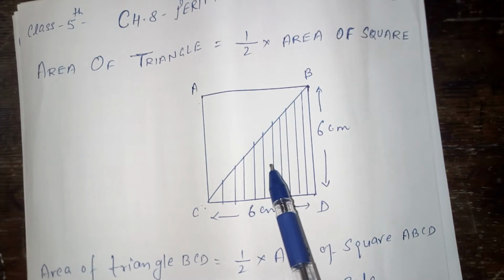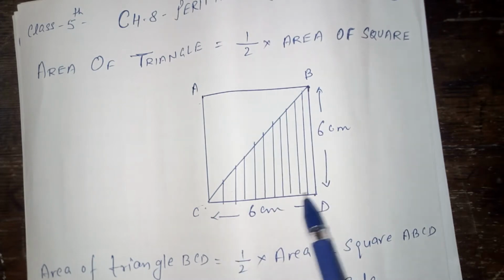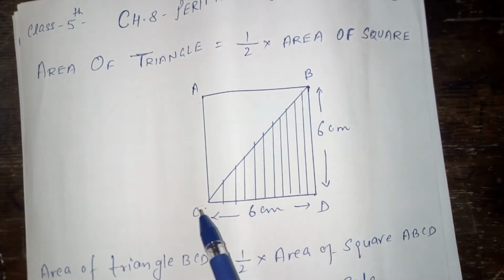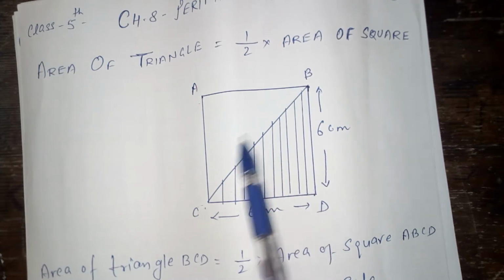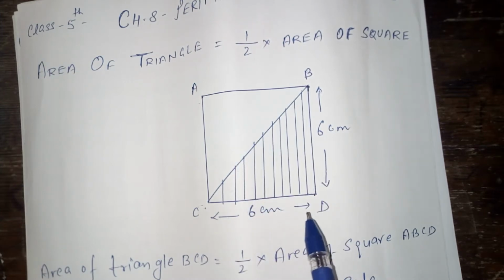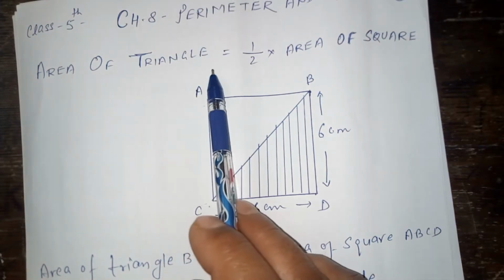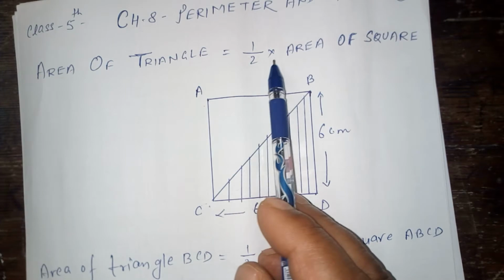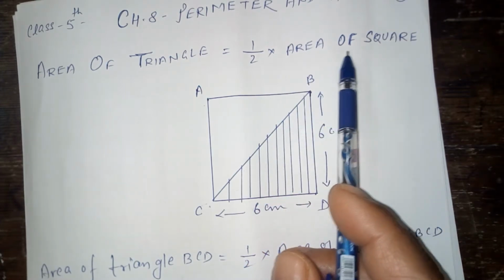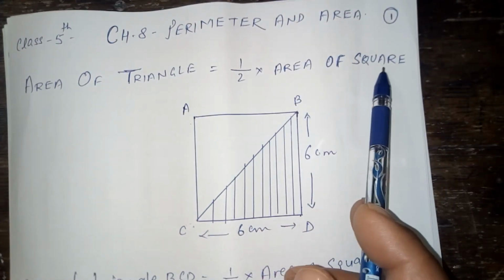My dear students, when triangle BCD is in the square, the area of the triangle is equal to half into the area of the square.